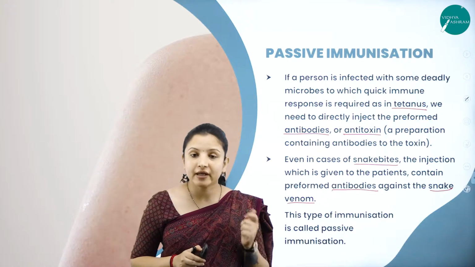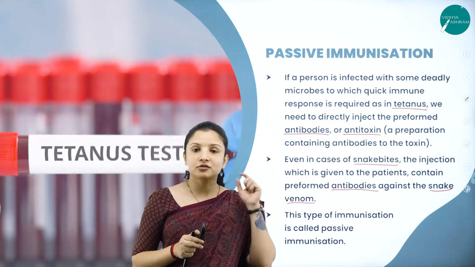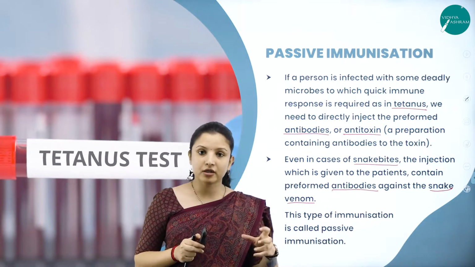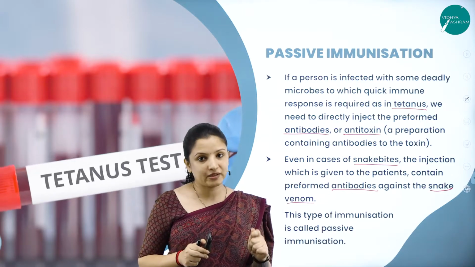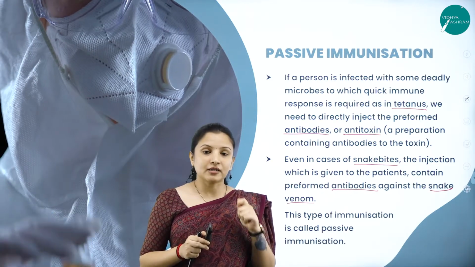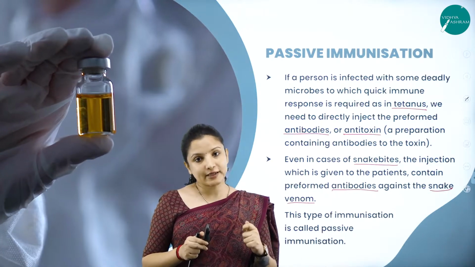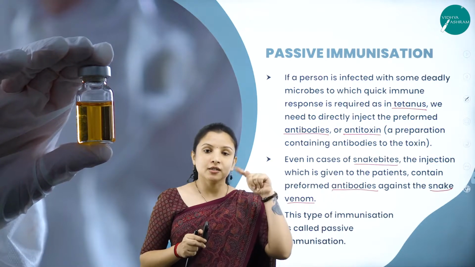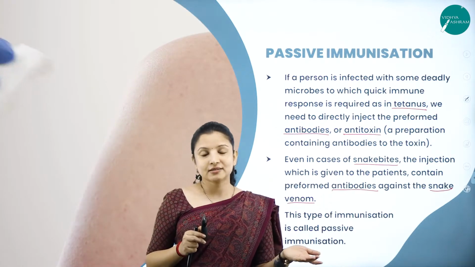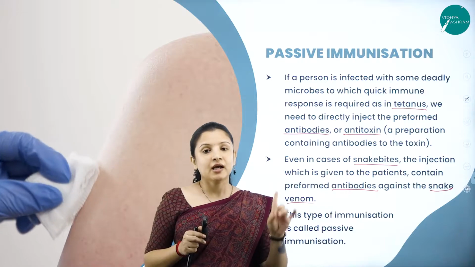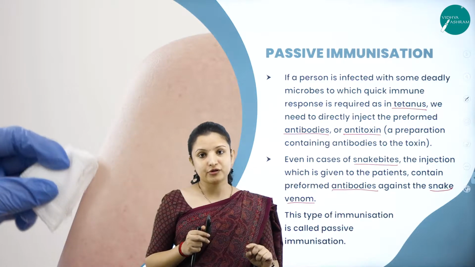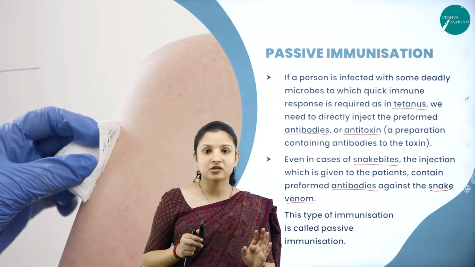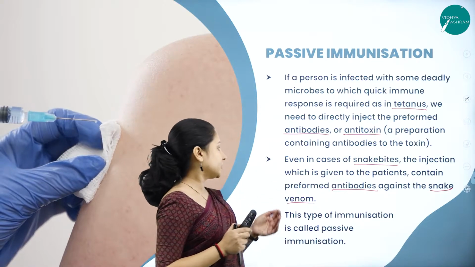That is why whenever a snake bites, it is always important to look into what type of snake has bitten the person. Otherwise, at least take a photo of the snake so that the doctor will understand which type of snake that is and which type of toxin is produced. Therefore, the particular injection can be given. That should always be kept in mind.